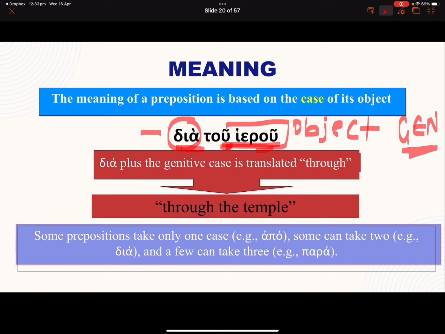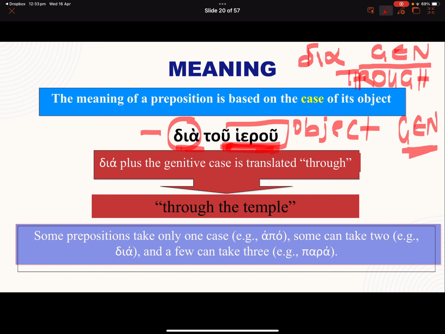And for a lot of prepositions, the case which comes directly after the preposition will dictate the meaning of that preposition. So what I mean is that the word dia actually has two different meanings. When the Greek word dia is followed by something in the genitive case, it means through.